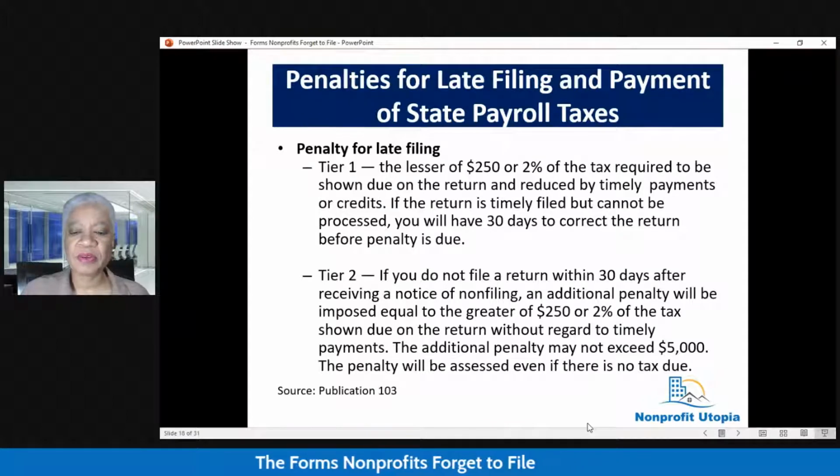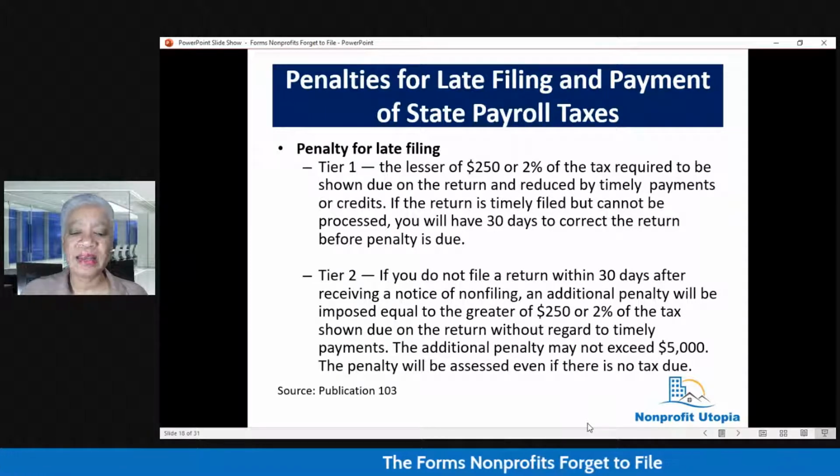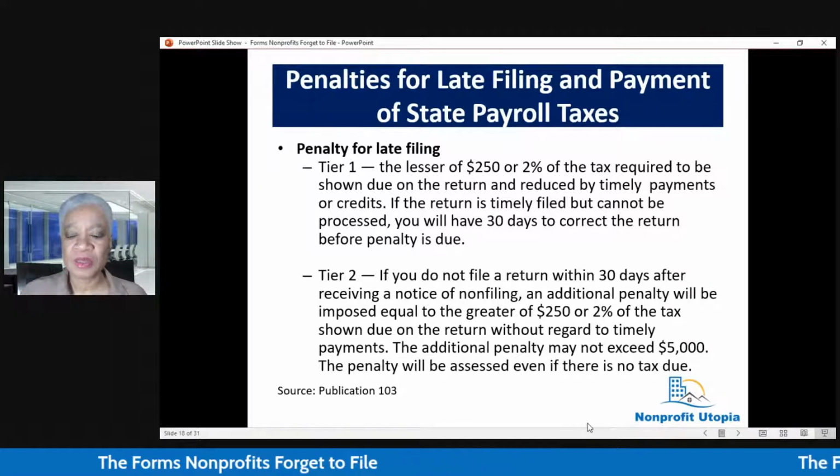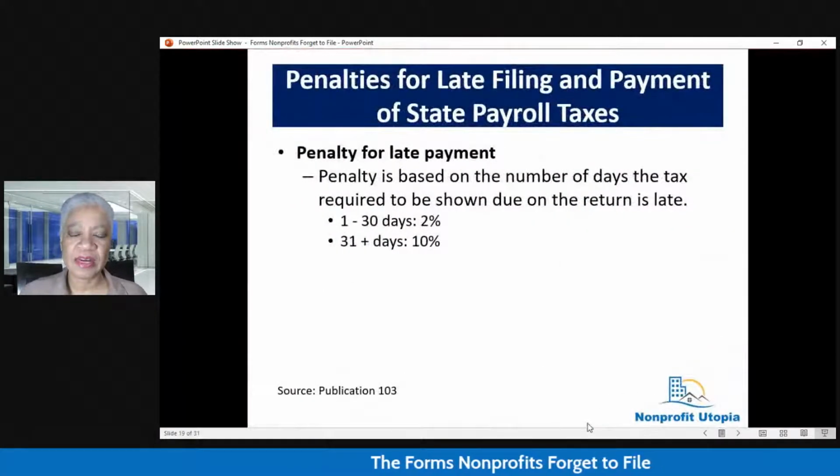And the additional penalty can't be more than $5,000. And get this, the penalty will be assessed even if there are no taxes due. So they take your filing very, very seriously. So not only do you have to file, but you have to pay.